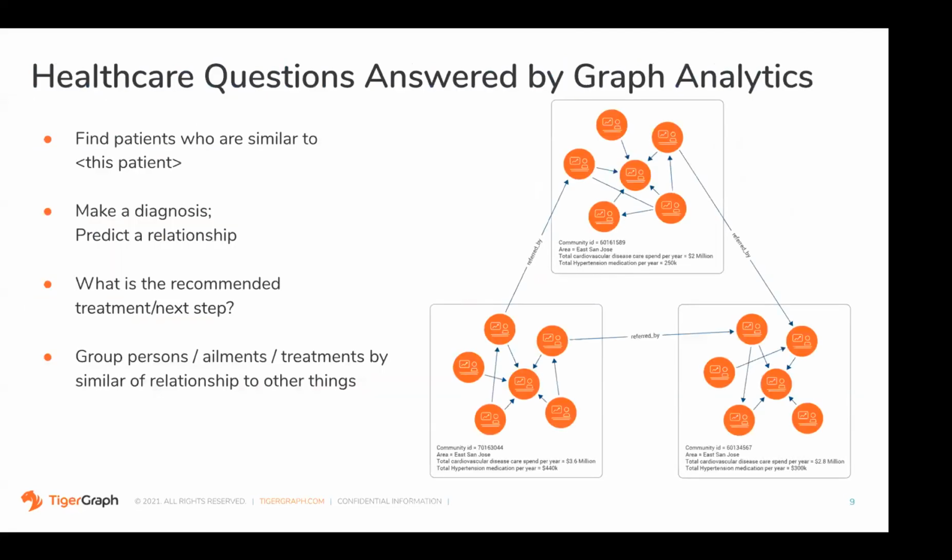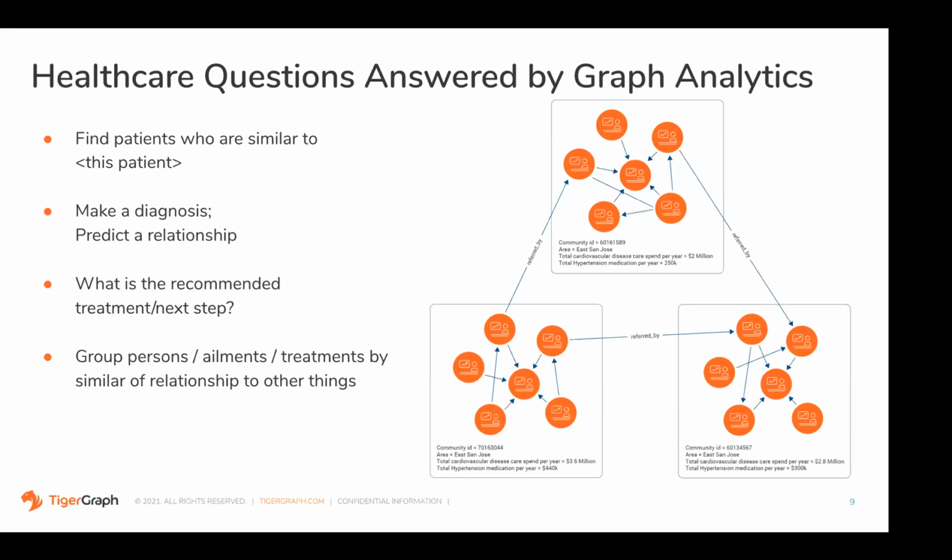Some other healthcare questions: finding similar patients who have similar personal characteristics, similar demographics, similar age, gender, and then similar health history, and similar interaction with the healthcare system. To try to record all that in a tabular database would be not only awkward, but almost impossible, because of the very evolutionary nature of all those services.